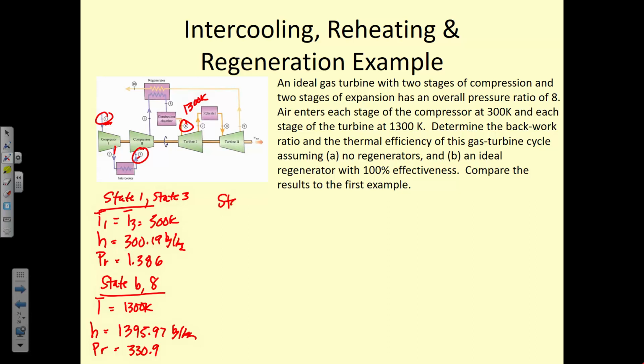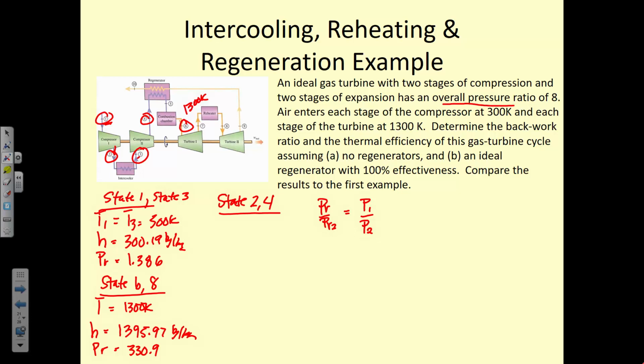So now state 2, which is also the same as state 4. In order to find those, we have to use the pressure ratio PR1 over PR2 is equal to P1 over P2. Here's where you have to really remember and understand pressure ratios and what it means for a 2-stage compressor.